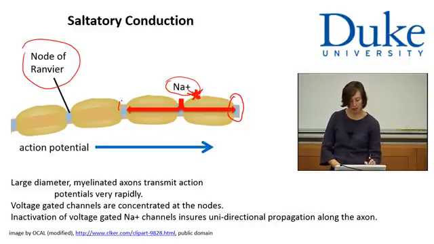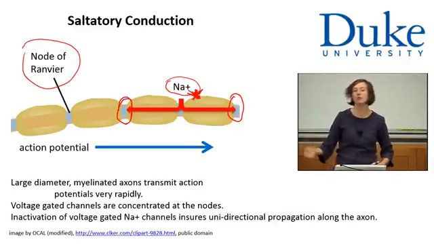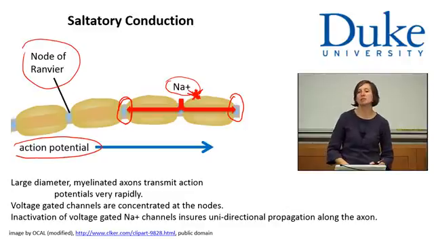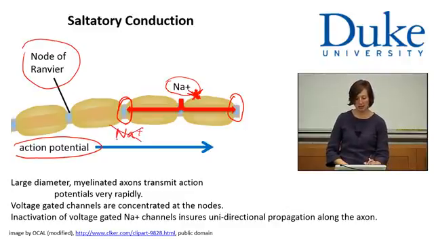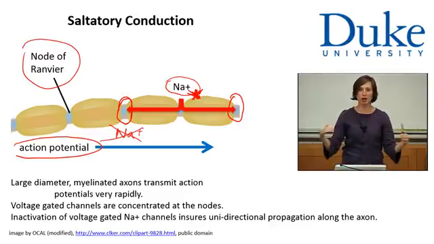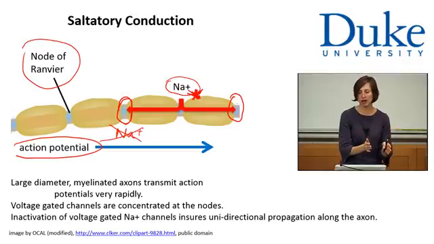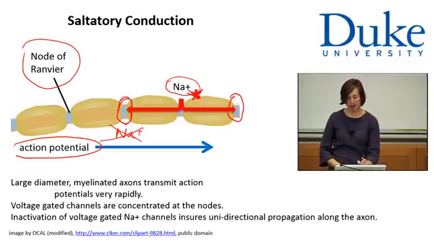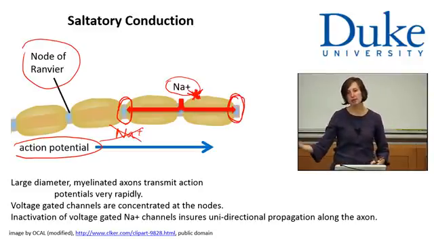They're also felt down here in the previous node, but we're saying that's the spot that just had an action potential, and so here the sodium channels are inactivated, and so it doesn't matter that the depolarization is felt at the node that just fired, but it does matter that it's felt at this downstream node.